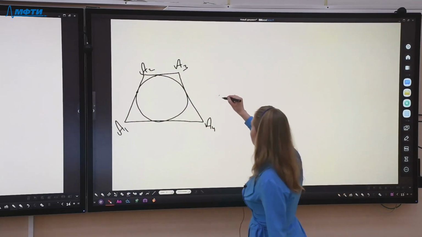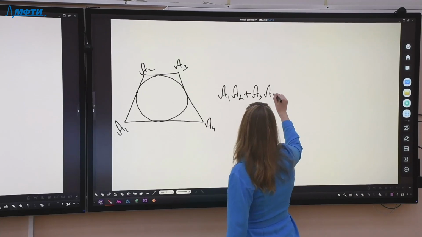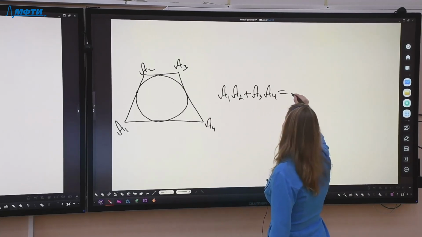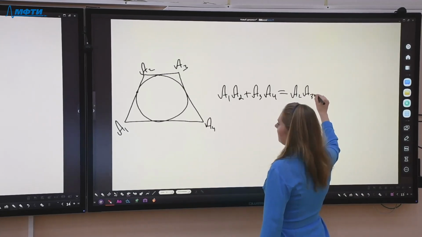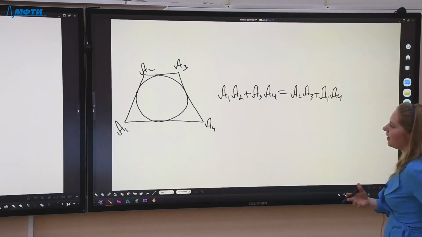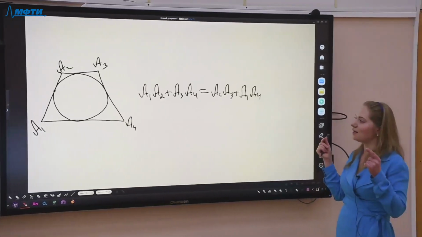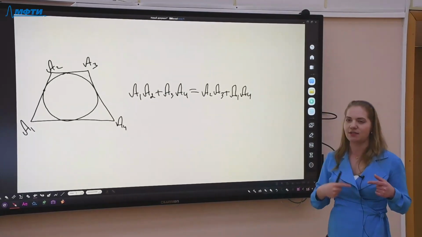It means that A1A2 plus A3A4 is equal to A2A3 plus A1A4. And vice versa, if we have a quadrilateral and we know that the sums of opposite sides are equal, we can say that we can circumscribe this polygon around a circle.